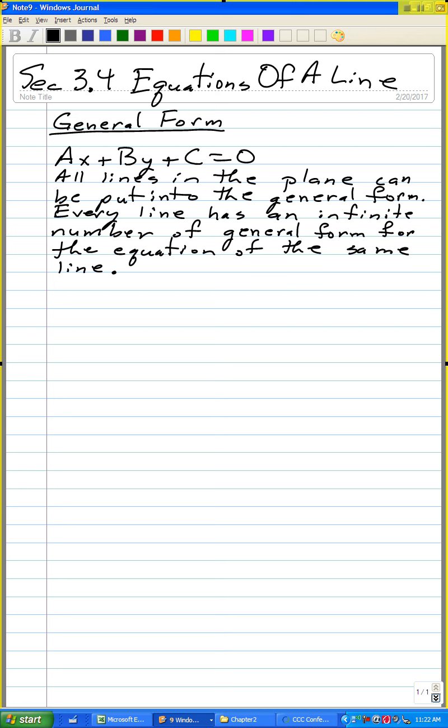So in general, we make some arbitrary decisions, rules that we give, so that we have really only one general form. If we can write it in the following form, it will be unique.